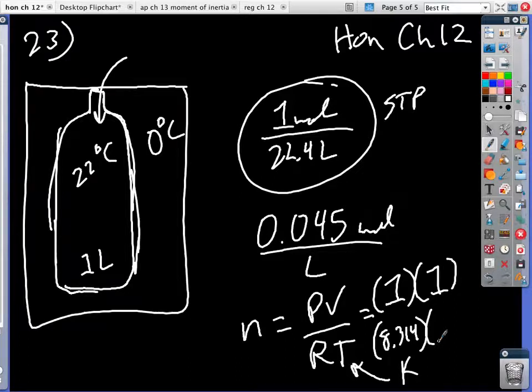No? I thought it was Pascals. Is that joules per mole Kelvin? Yes. Sorry, I gotta get the right constant here. Where did the volume go?